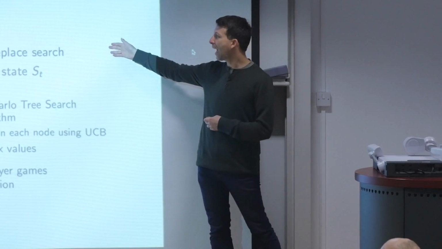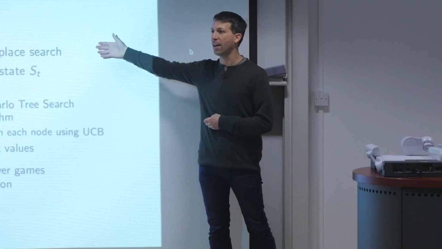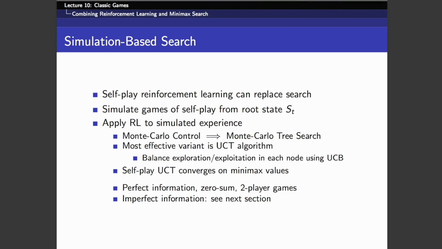The idea is to say that actually self-play reinforcement learning can replace search. So far we've seen that there were these two different ideas. Either we could do this minimax look ahead, where we're really bubbling ahead and considering all of this tree of look ahead possibilities, where if I go here and you go here and I go there, what's the value going to be? And we can back that up and really compute the minimax values.